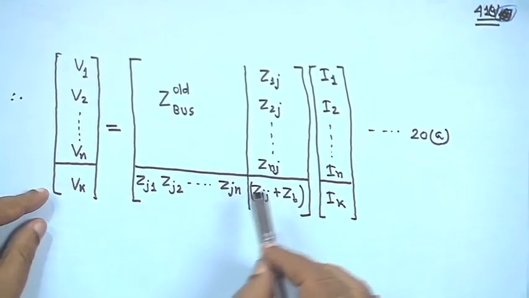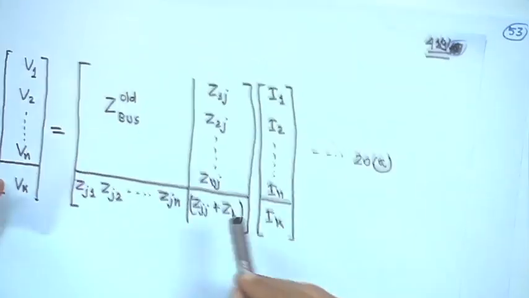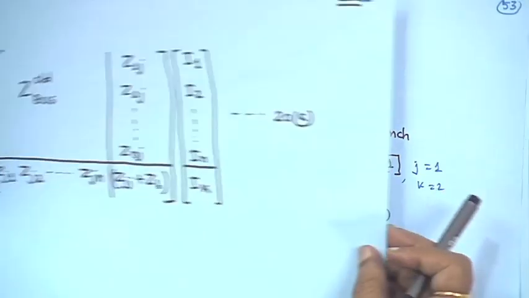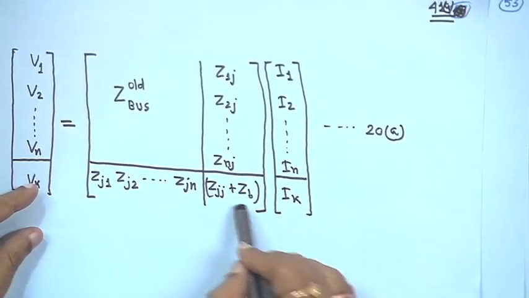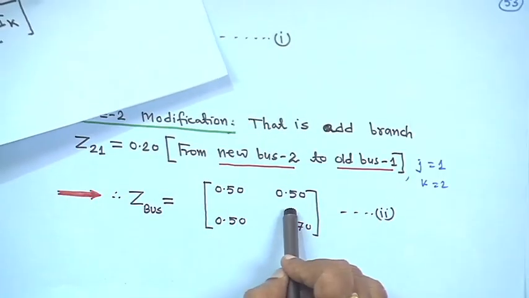For example, this one is actually type 2 modification, when you are adding the old one to the new one. This is a 2 by 2 matrix.